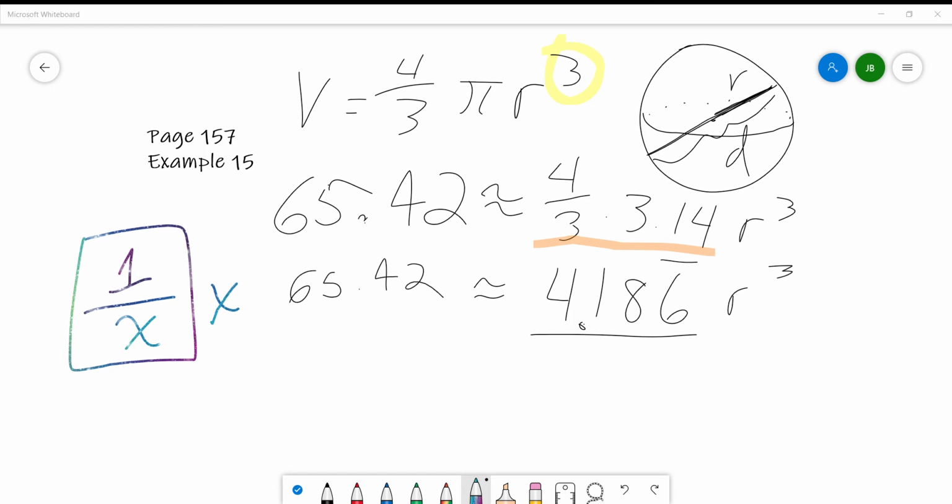Or you could just do it the long way if you want to, if that makes more sense to you, if that's easier on your not making a mistake. But the answer should be 15.62, we'll say 625, 62, we'll say 63, is approximately equal to our r cubed.